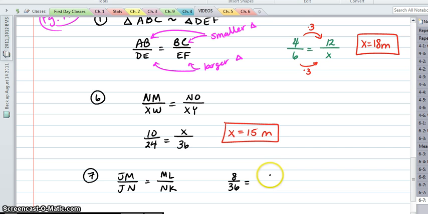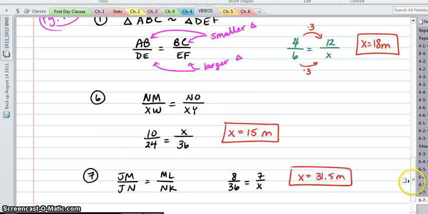And that should equal 7 to X, because again, everything has to remain proportional in similar figures. Again, 8 over 36, you could simplify that first before cross multiplying. Please solve this and unpause it when you're ready for the solution. Okay, so when you do this, you should get X equals 31.5 meters.